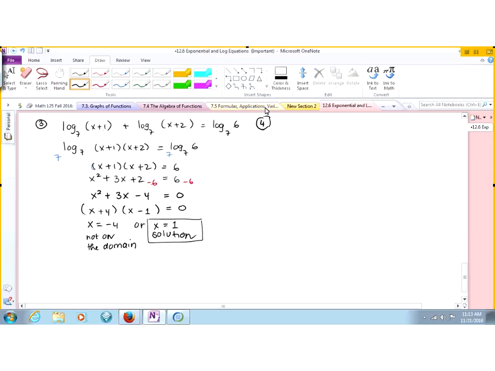Now, number 4. What about these? ln of x minus 6 plus ln of x plus 3 is equal to ln of 22.